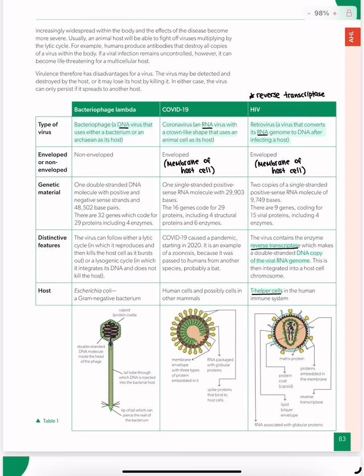This is a table for 3 different types of viruses in comparison. So, for example, the bacteriophage lambda is a DNA virus that uses either a bacterium or an archaean as its host. It's a non-enveloped virus, and the genetic material is one double-stranded DNA molecule.